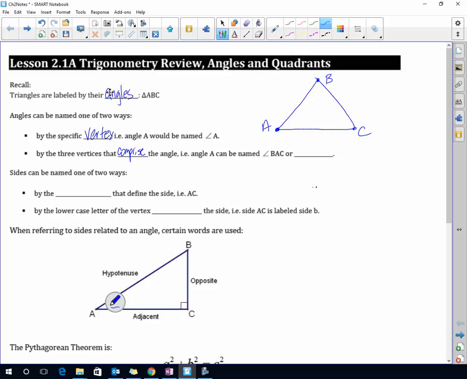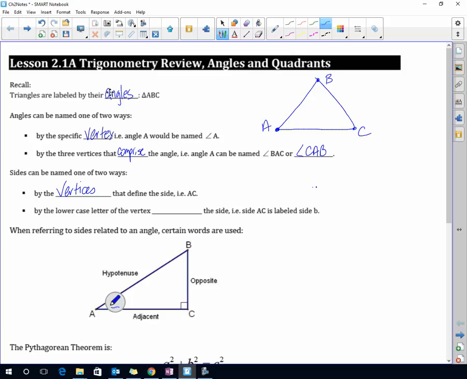Sides can be named one of two ways. By the vertices that define their sides, meaning side AC from point A to point C, or by the lowercase letter of the vertex opposite the side.